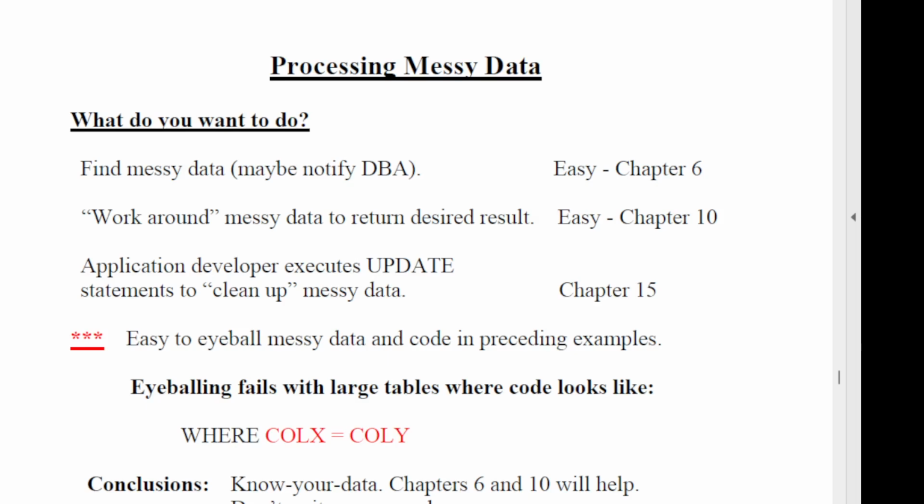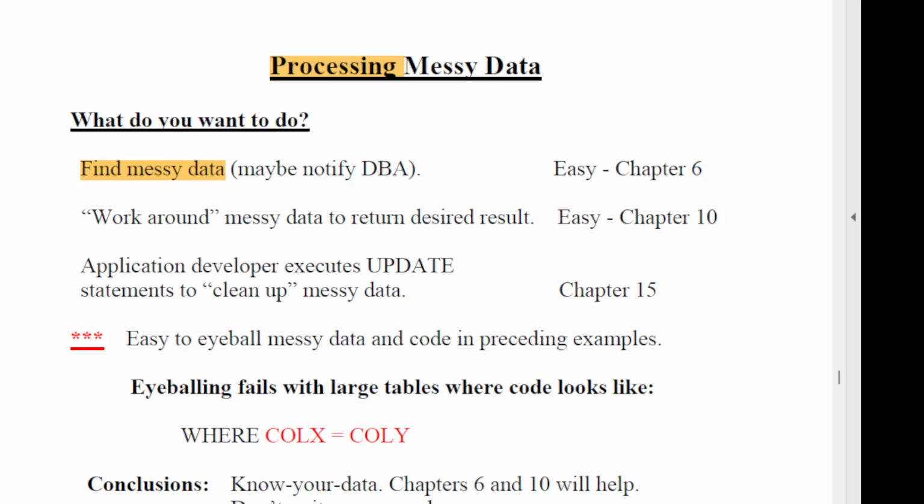Okay, so how do you want to process this messy data? Well, first of all, try to find it. Find the messy data. Go looking for a character string column with a leading blank.